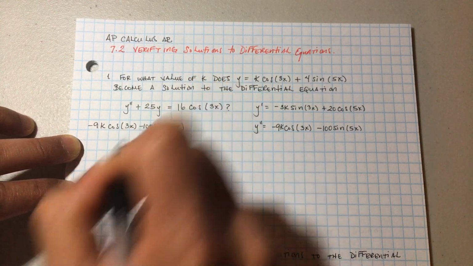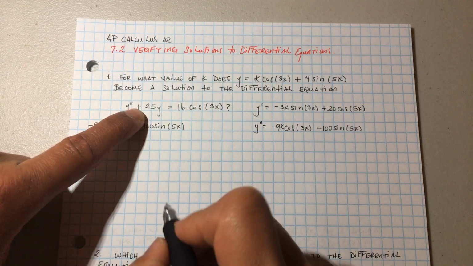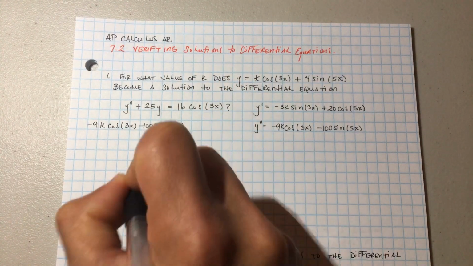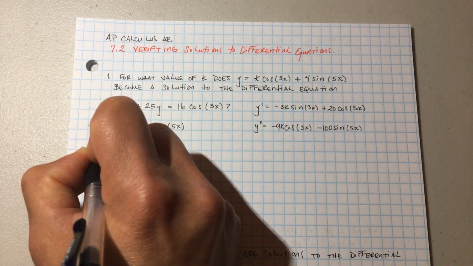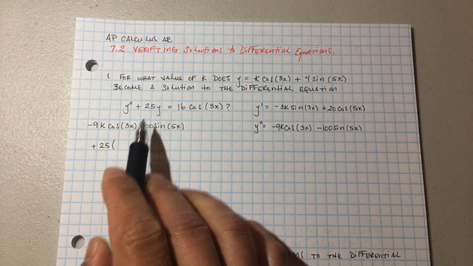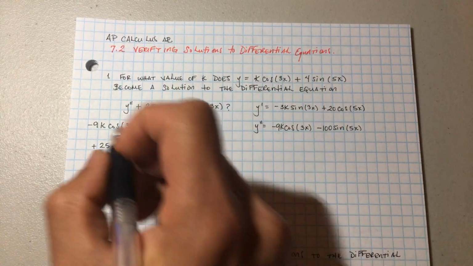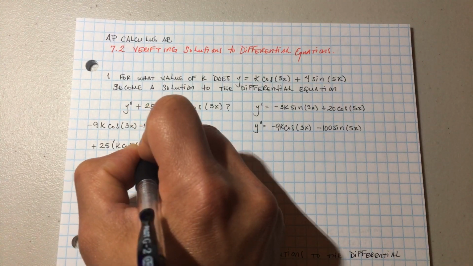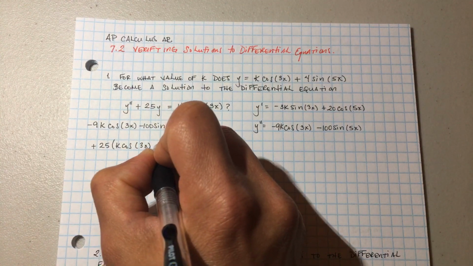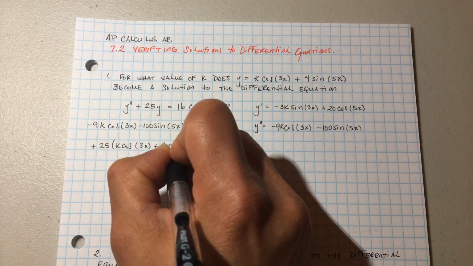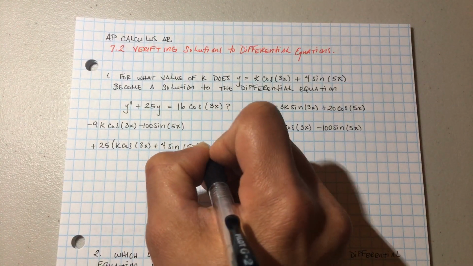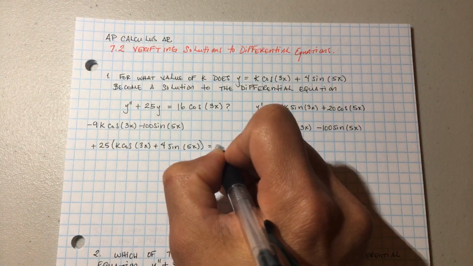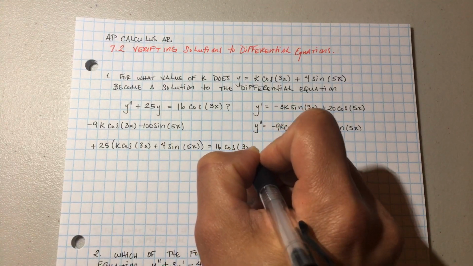So that's this right here, plus, and I should have given myself some more room, I'm going to continue down here, plus 25 times, now I'm going to put y, I'm going to put all of this here. So we're going to have k cosine of 3x plus 4 sine of 5x. And that's going to equal 16 cosine of 3x.